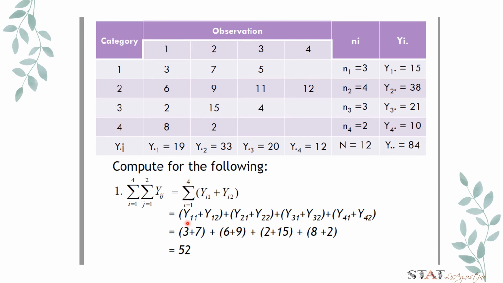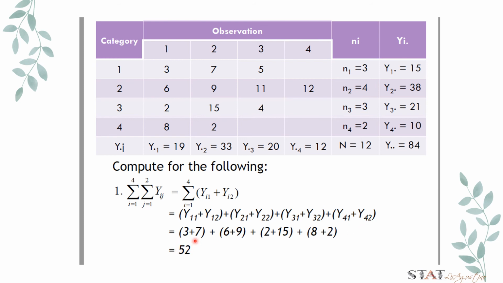To further express it this way, we have y11 plus y12, and then for the second category y21 plus y22, then plus the third category, y31 plus y32, and then plus y41 plus y42.